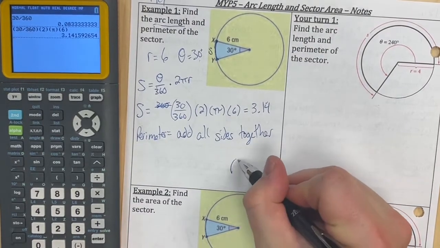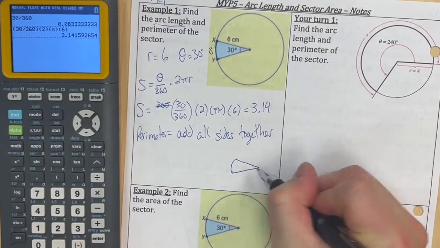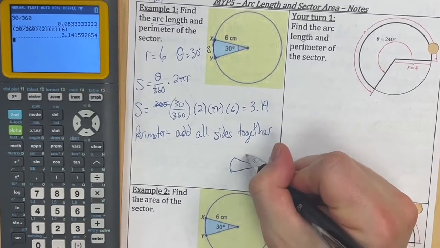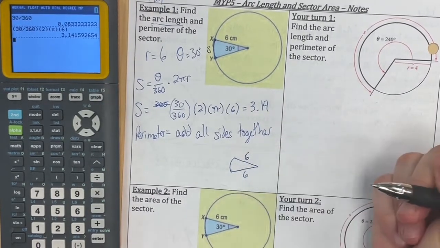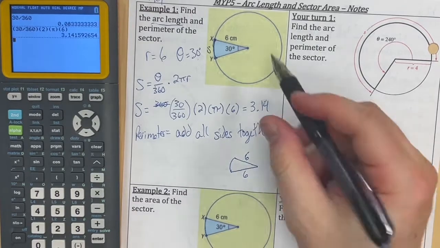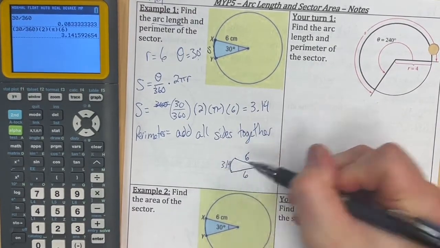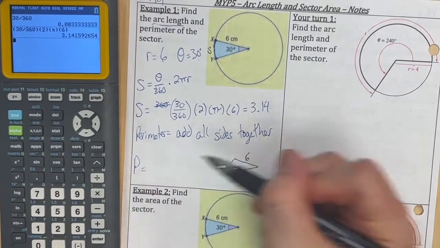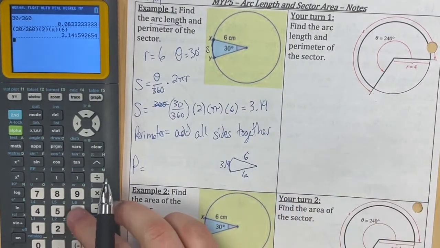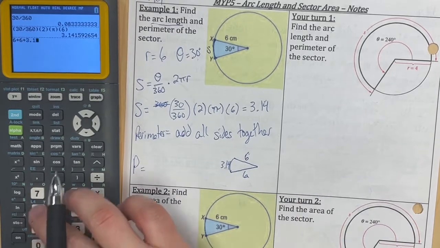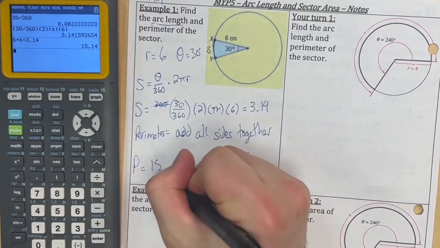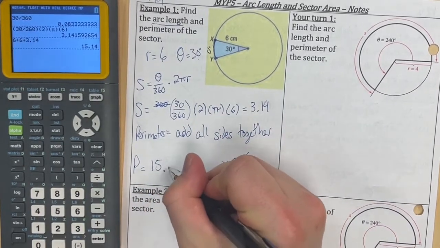We have this curved part, and then kind of a pizza shape. Two sides we already know from the radius, and the curved amount, the pizza crust, is about 3.14. So the perimeter is these three added together: 6 plus 6 plus 3.14, which is about 15.14.